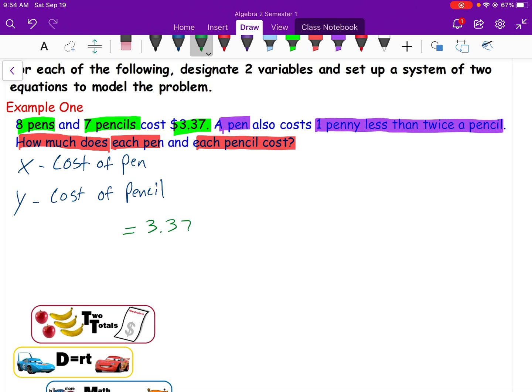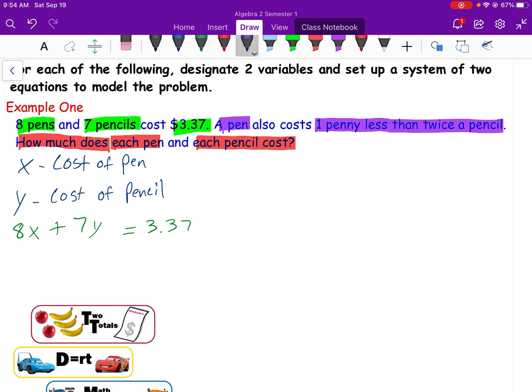Just like if one pen is 50 cents, 2 pens is $1, 3 pens is $1.50. It's however many pens you have times the cost. So we have 8 pens times the cost, which we represent with X. But then we have to add the pencils as well. So we have 7 pencils times the cost of the pencils. So there's our first equation.